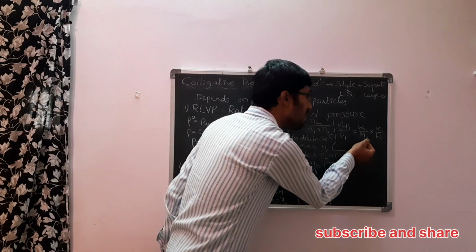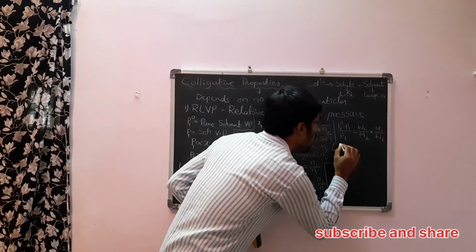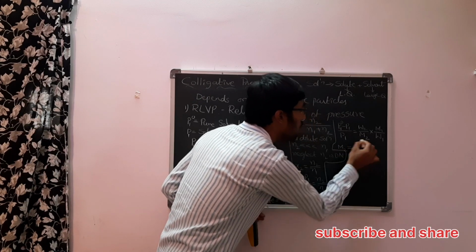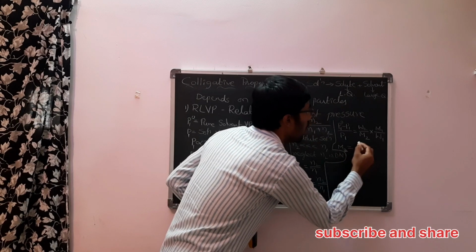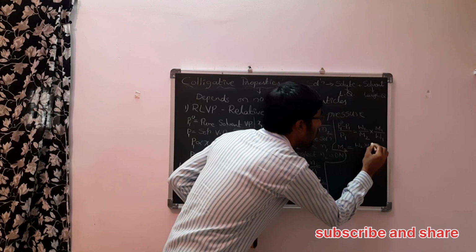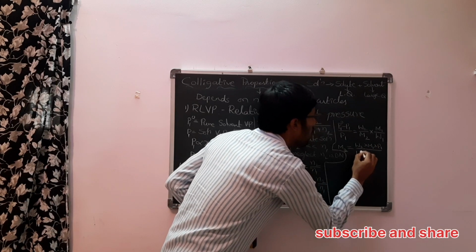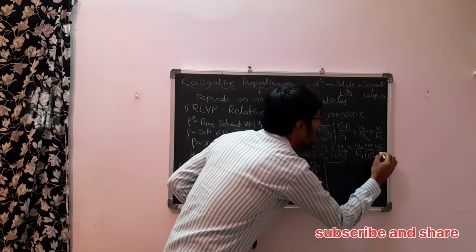From this equation we require the molar mass of solute. So M2, the molar mass of solute, is equal to W2 into M1 into P1 by W1 into P1 naught minus P1.